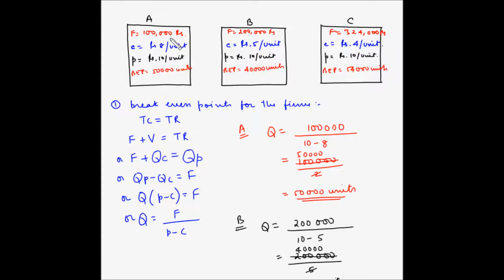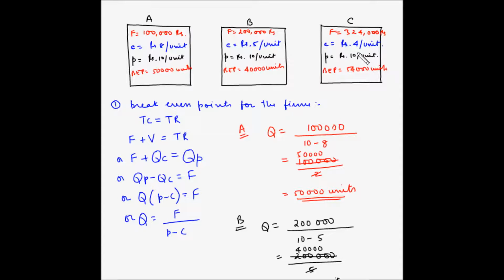So F is lowest for A, higher for B, and the highest for C. Now for A, the break-even point is very high because the variable cost is a very high percentage of the selling price. So out of the selling price of rupees 10, 8 has been used to cover the variable cost. So now only 2 rupees per unit is remaining to cover for the fixed cost of 100,000 rupees.